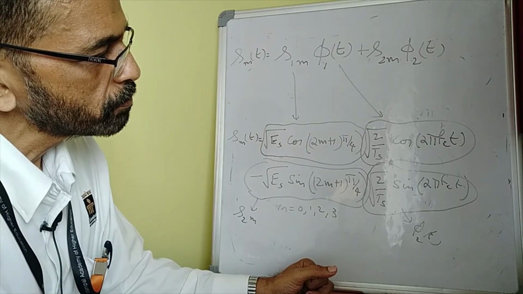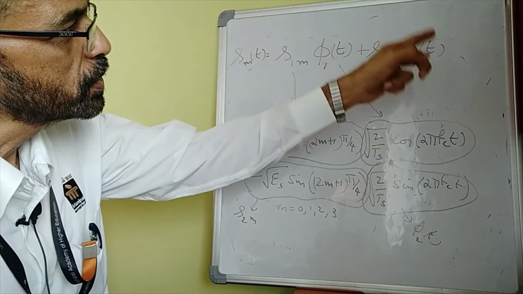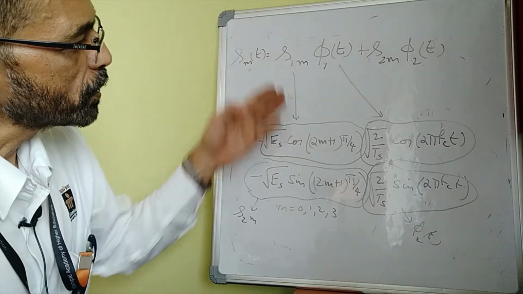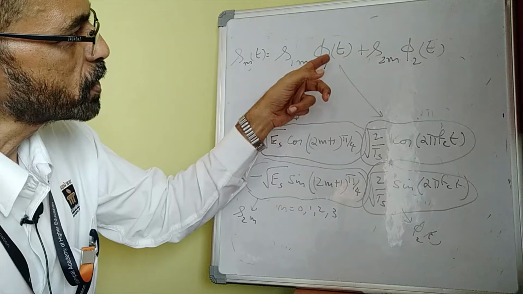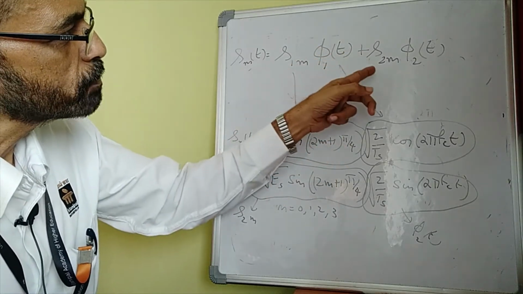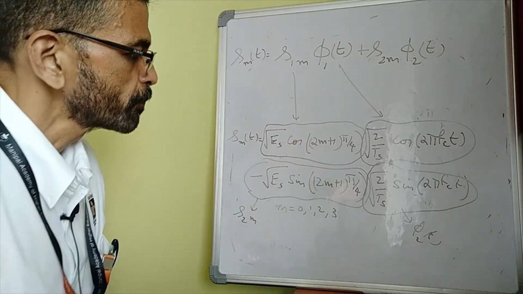What I have here becomes a series representation of the signal SM(t). As I said, S1m is the coefficient of expansion, the term which gets multiplied with the first basis function, and S2m, the term which gets multiplied with the second basis function, is here, including the negative sign.